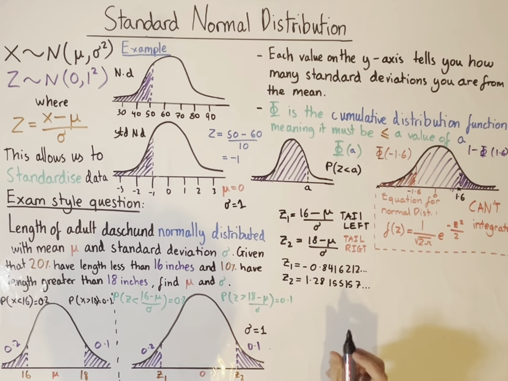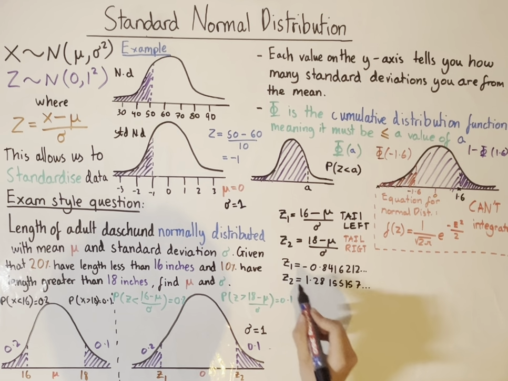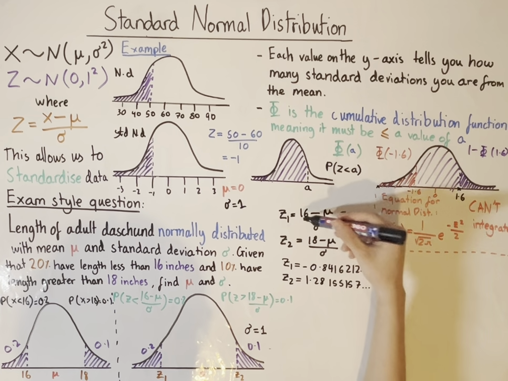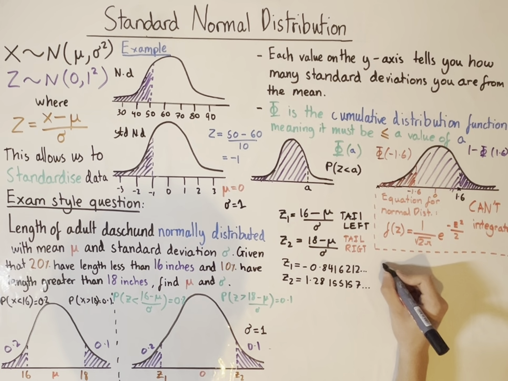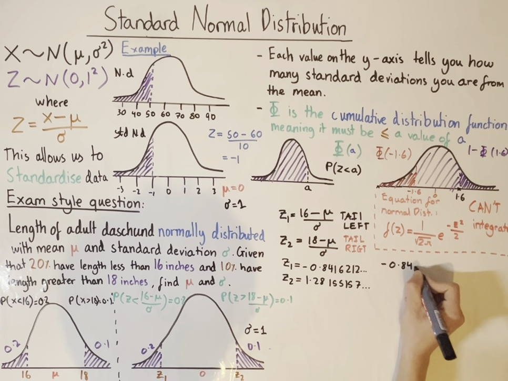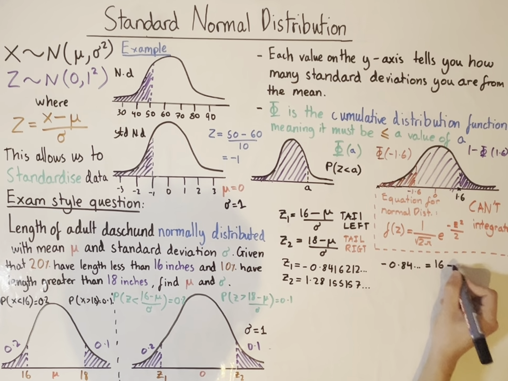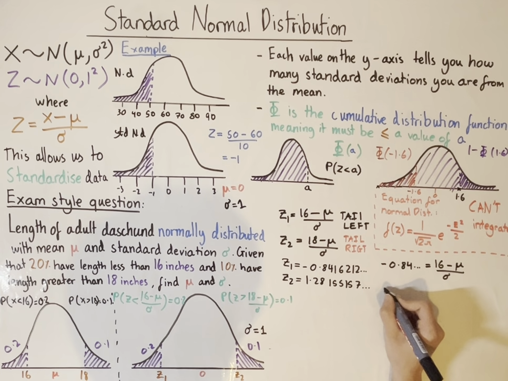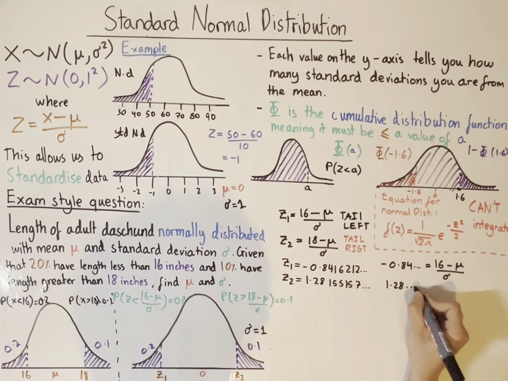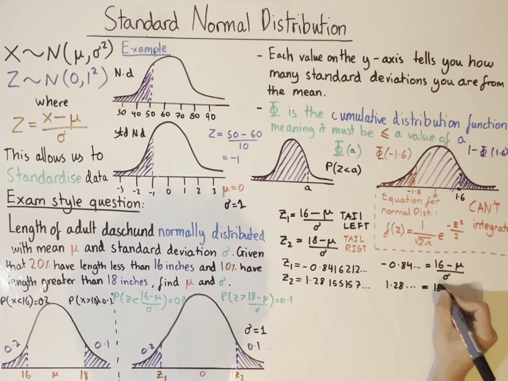So now we know what z1 is and what z2 is. Now we can equate this back here. So we can say that minus 0.84 equals 16 minus mu over sigma, and that 1.28 is equal to 18 minus mu over sigma.